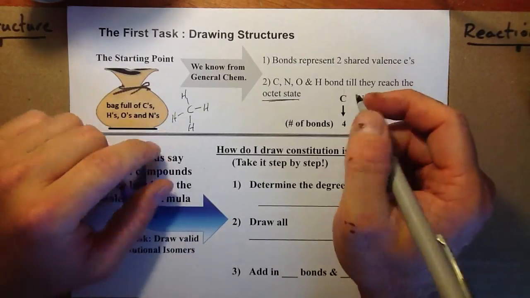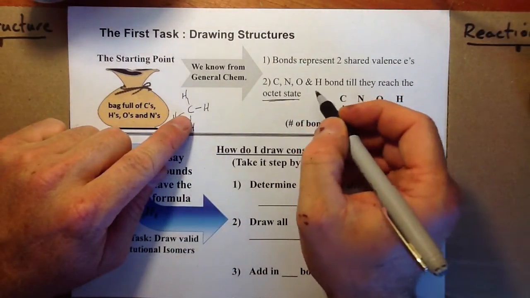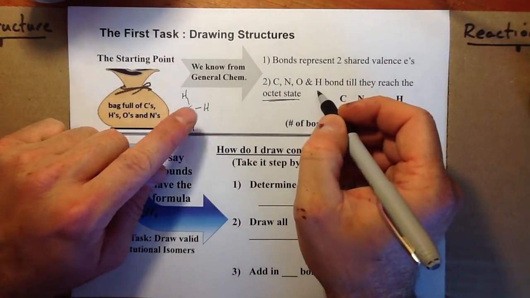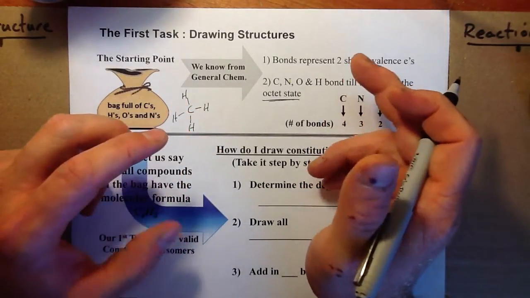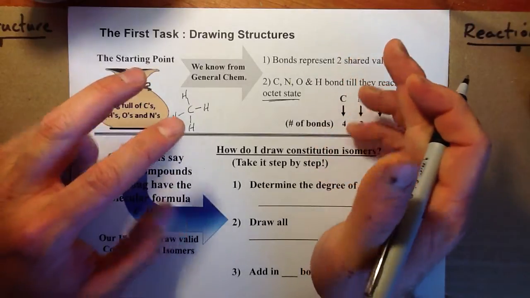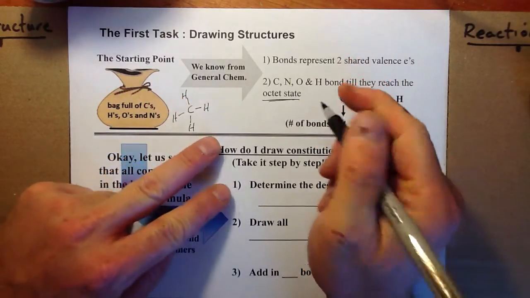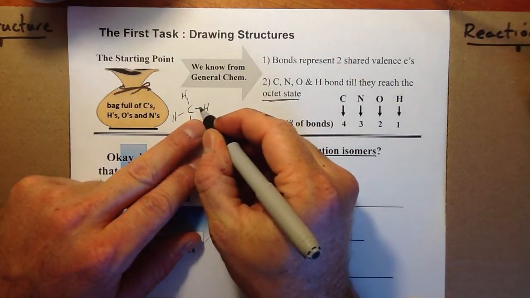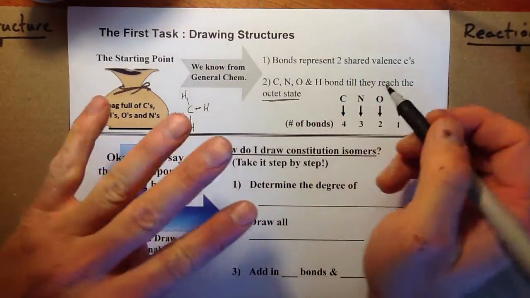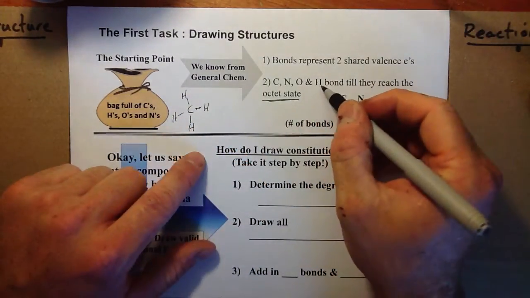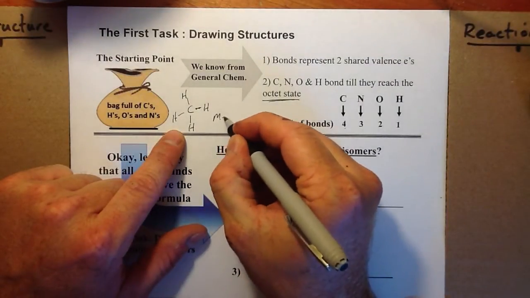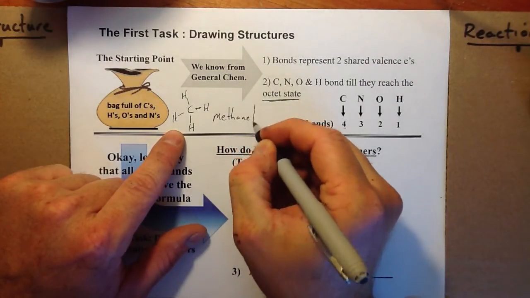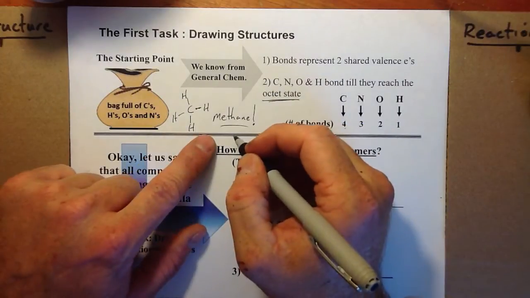These like to have 8 electrons around them. So they would bond with hydrogens, which can only have 1 bond. It does not go to an octet state. It goes to a full valence shell having 2 electrons around the hydrogen. It does that by bonding once. So carbon bonds 4 times and hydrogen bonds 1 time, and so we could build what's called methane. And this would be a valid structure.